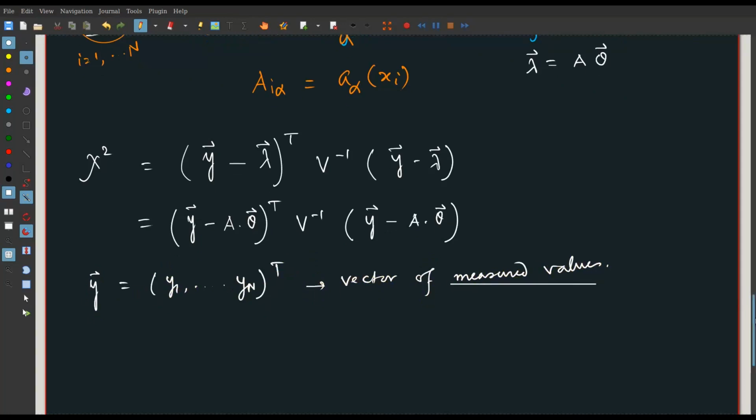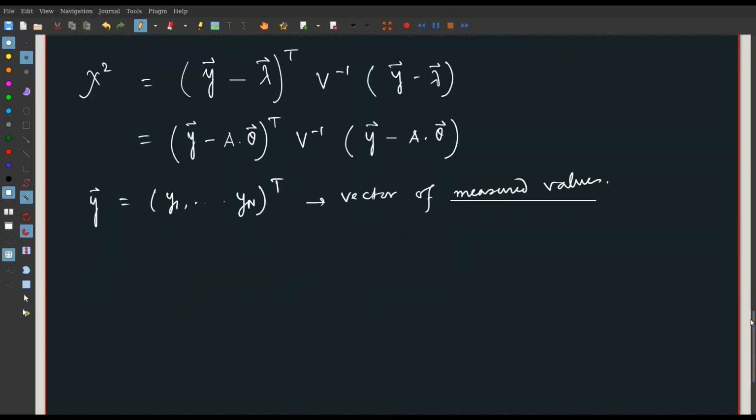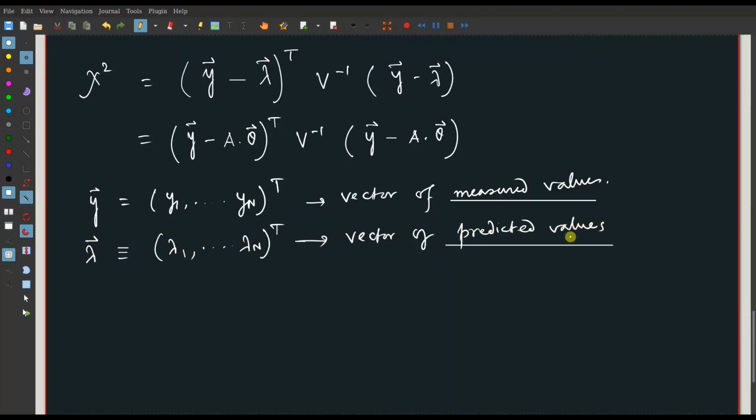And lambda, which is equivalent to lambda 1 to n, is the vector of the predicted values. Of course these lambdas will depend on the theta vector. Not an issue.